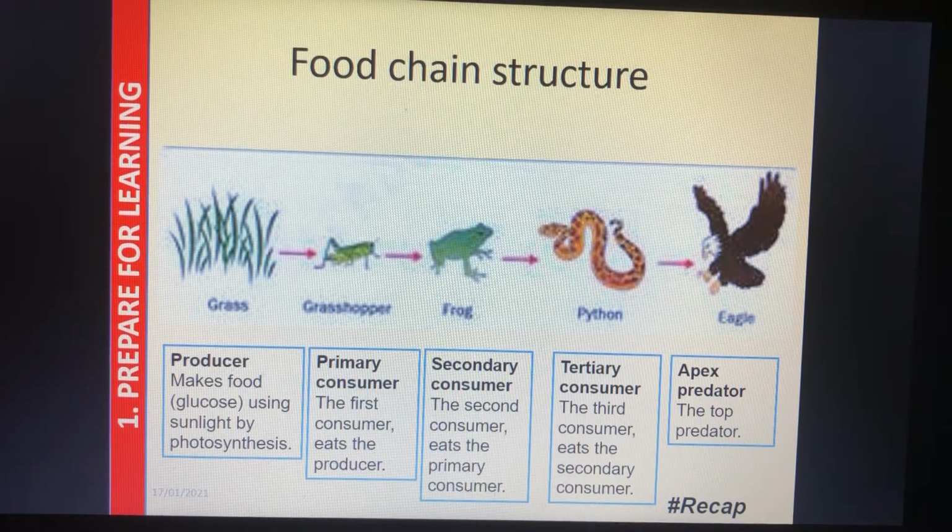We've got the producer, because the plant produces its own food by photosynthesis. The primary consumer is the first one to consume, it eats the producer. Secondary consumer is the second consumer, the second one to eat. Tertiary being the third. Okay, like I said, I don't think we necessarily need to write anything from this slide. It depends how fresh it feels in your mind. Okay, moving on.